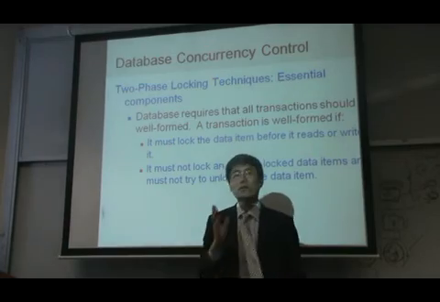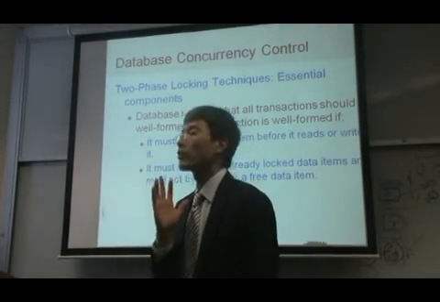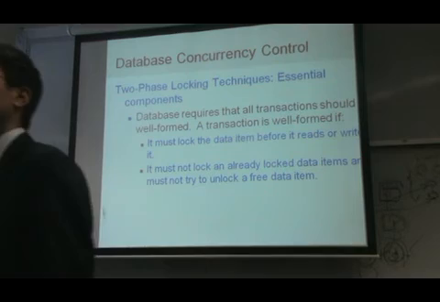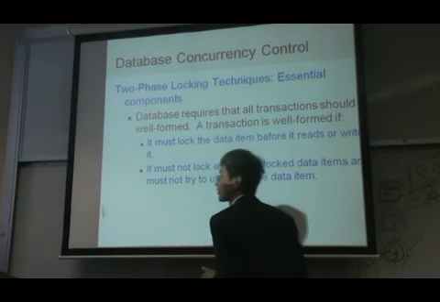However, if you try to update the data, update student set name to the new name where ID is 111, you need to get the exclusive lock from the lock manager. So the lock manager is in charge of giving the permission and organizing such locks to keep the consistency.